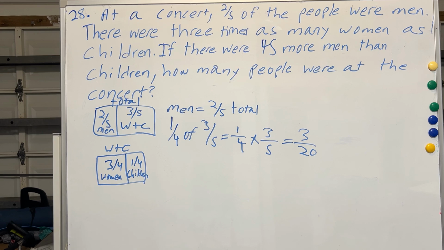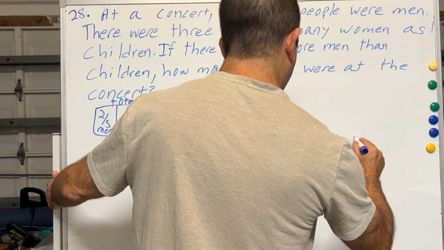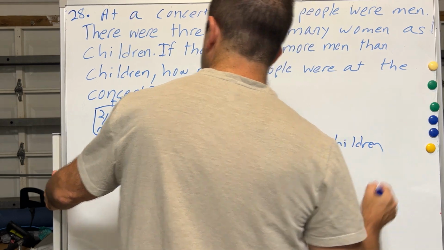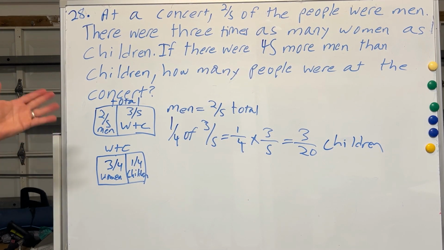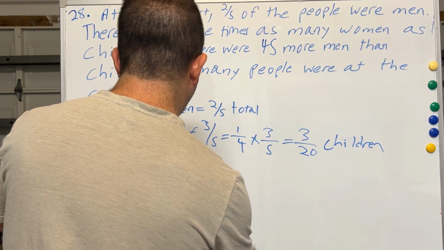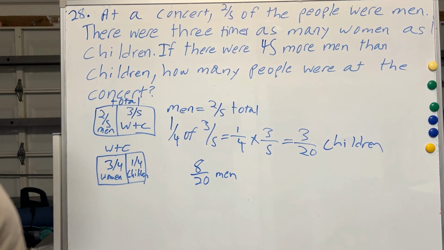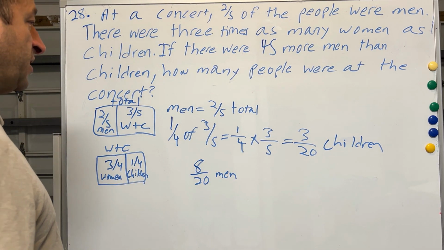Now remember, the men are 2/5. We want to have that in the same denominator as the children. That's children. So 2/5, multiply numerator and denominator by 4, we get 8/20. So we know we have 8/20 men, 3/20 children. The difference between the men and the children is 45.